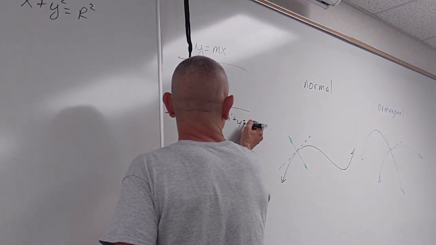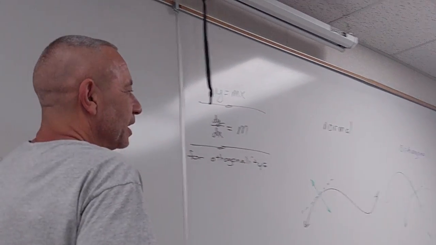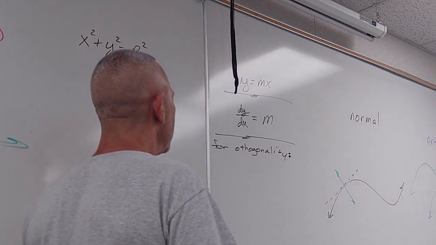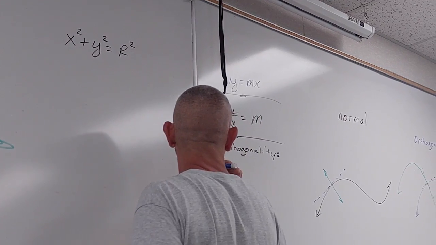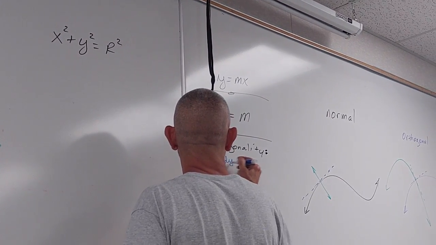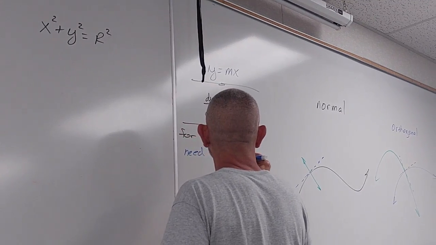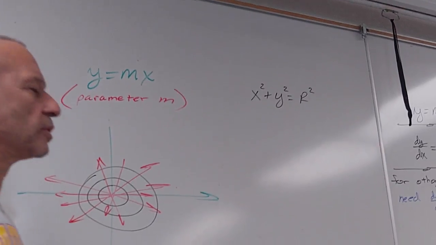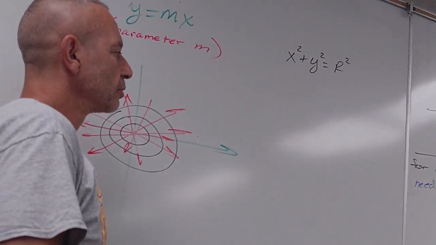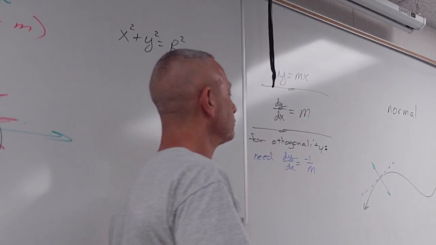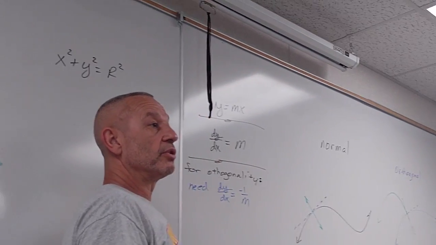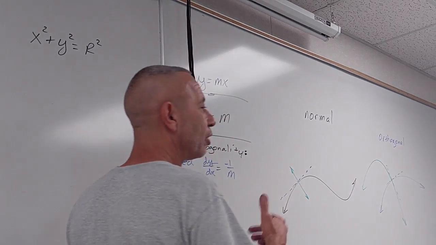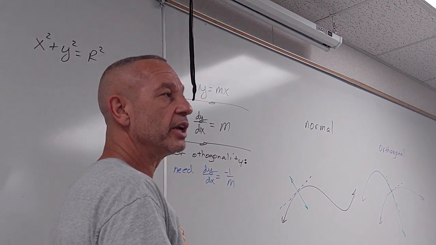You got to see what we make that word mean in linear algebra. That's really horrible. But for orthogonality, I would then need dy/dx to be minus 1 over m. Now I got to solve the differential equation. So I got to put all the x's on one side and all the y's on the other.